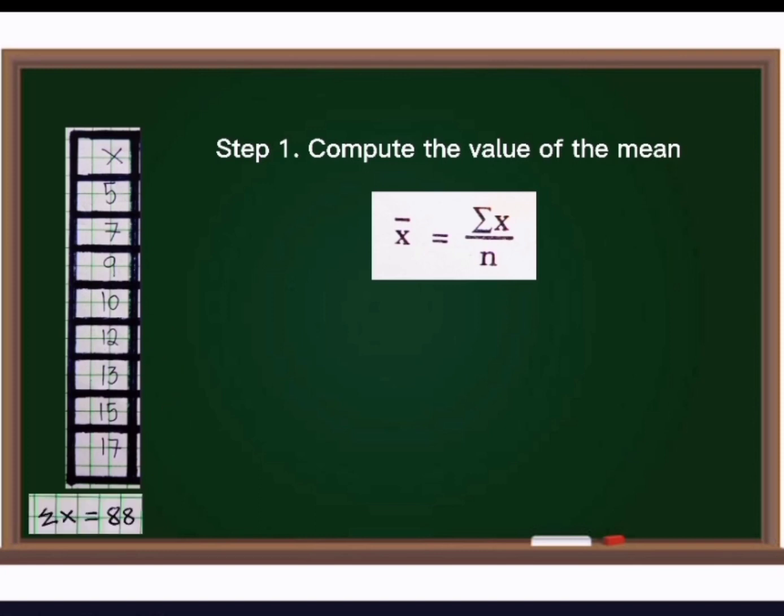So we have 88. To find the n or the sample size, we will count all the values of x, which is the individual values in the distribution. 1, 2, 3, 4, 5, 6, 7, 8. So our sample size is 8.